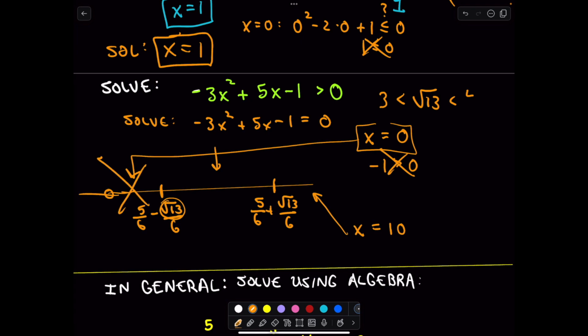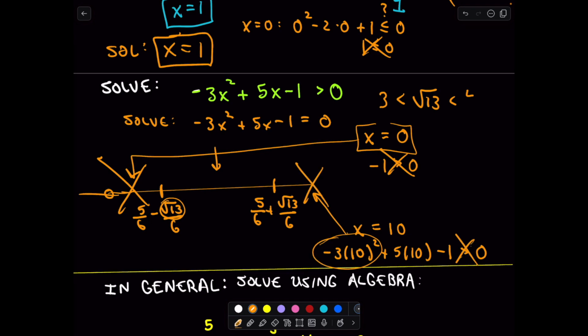Likewise, if I test x equals 10, I would have negative 3 times 10 squared plus 5 times 10 minus 1. Is that greater than 0? This is going to be negative 300. This is not going to work, so I know that this isn't going to work. We could figure out a value here after some arithmetic. You can actually show that this interval does work.